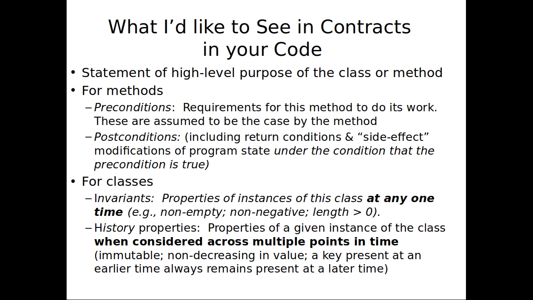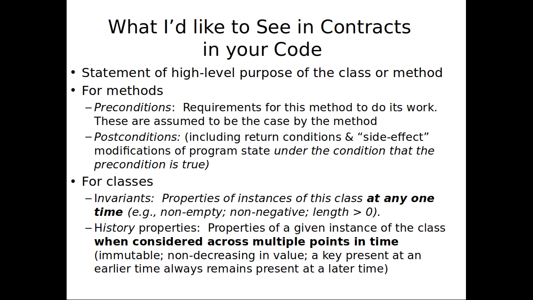The next thing is history properties. With invariants, we're considering at any one time what things are true, what things are guaranteed to be true, must be true. The representational invariants, as defined in one of the books I recommended for the class, Program Development in Java by Barbara Liskov and John Guttag, has a good discussion of representational invariants.